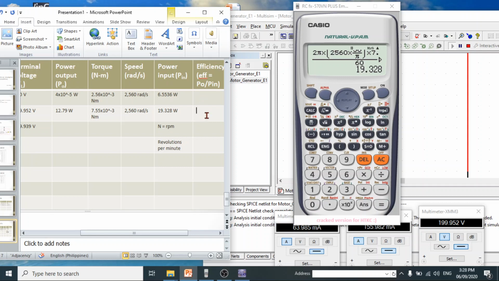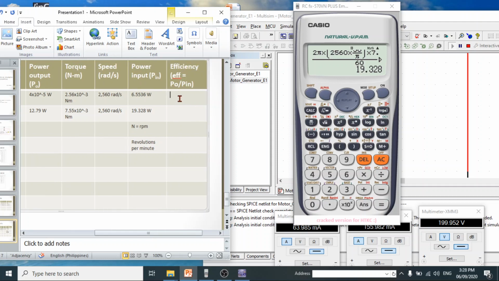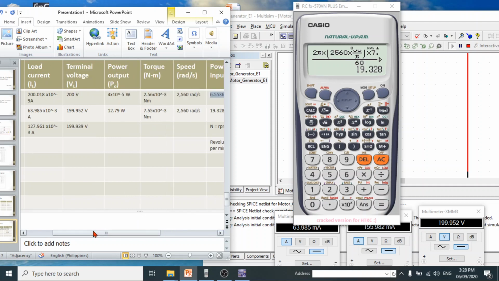Okay, so to calculate the efficiency, the efficiency would be the ratio of the output power to the input power. So for the 0 watts virtual lamp, the output power is almost zero, but anyway, we'll try to calculate.